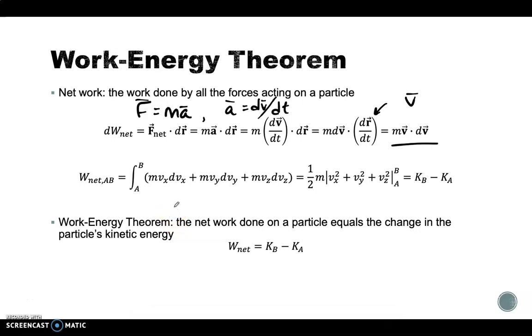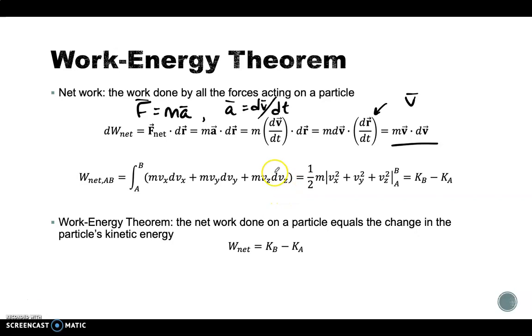All right, let's continue with our derivation of the work energy theorem. So we got to this point where the net work from A to B is equal to the integral from A to B of m vx dvx plus m vy dvy plus m vz dvz.